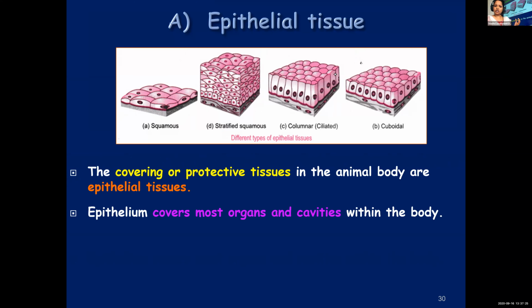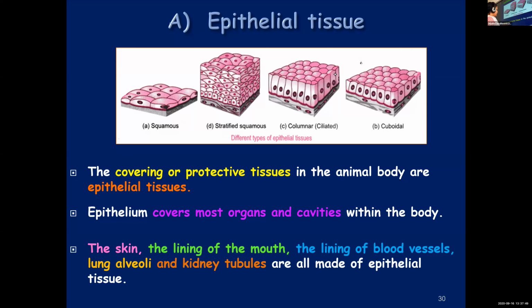There is a cavity, a space inside. So these cavities are also lined by epithelial tissue. Once again, where can you find epithelial tissue? You can find it covering your entire body, your internal organs, and also lining the cavities.